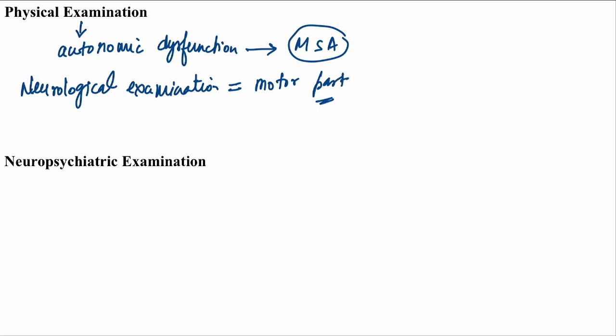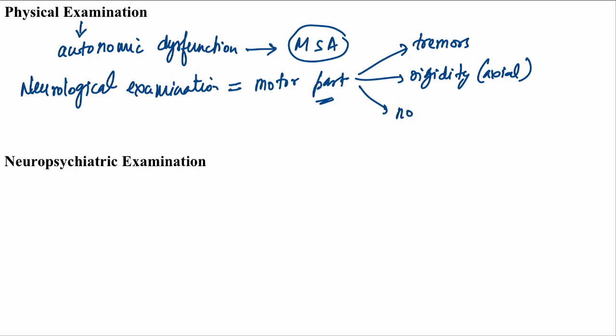Means if there are tremors, if there is rigidity, like axial rigidity, and no motor involvement may also be there, but profound dementia. If there is no motor involvement but profound dementia, it points towards Alzheimer's disease.